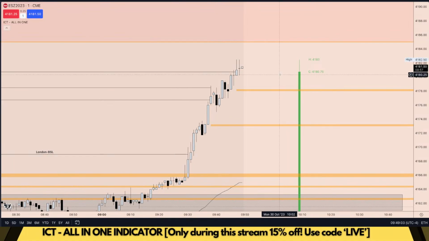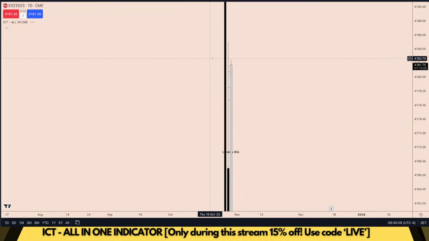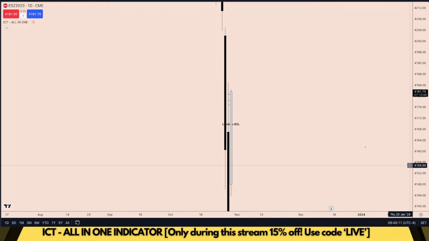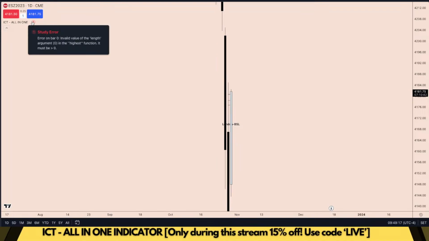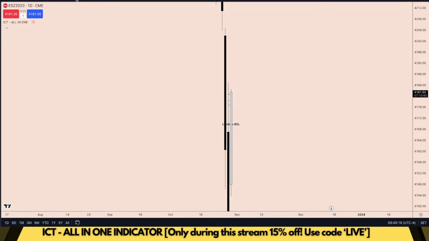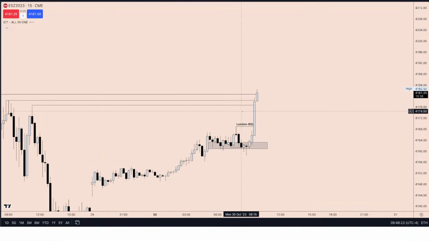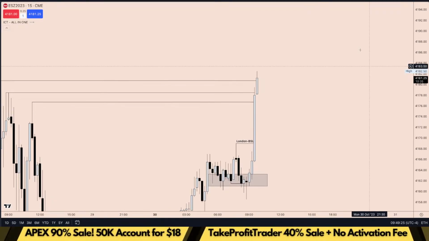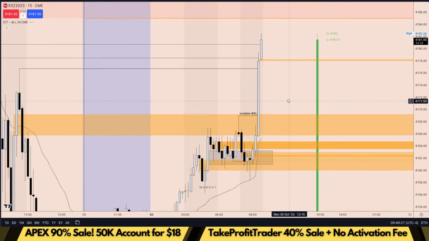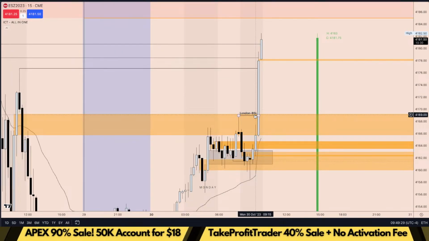We left that volume imbalance open. I think we should really expand into that daily bearish fair value gap, the one that the indicator just drew up right here above this daily's high. Re-add it to the chart. Because we're now using the daily bearish fair value gaps, I would have to bring it back to, let's say, the 15. Then it loads up normally. Nice expansion here to the upside.